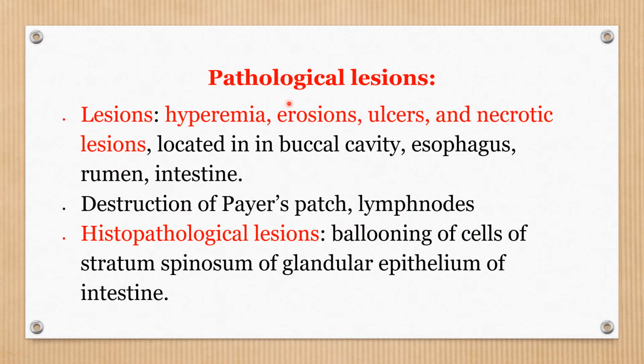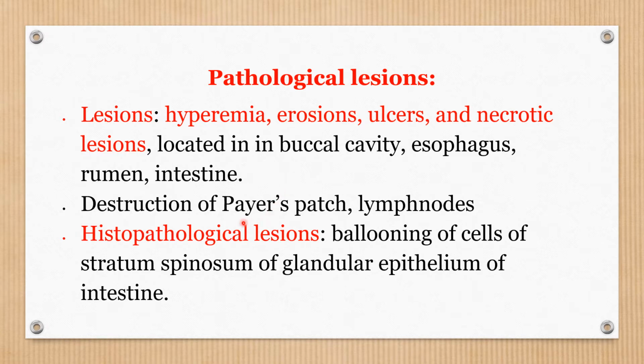In this presentation we will see pathological lesions. The characteristic lesions are hyperemia, erosions, ulcers, and necrotic lesions, and these lesions are located in the GI tract, especially in the buccal cavity, esophagus, rumen, and intestine.